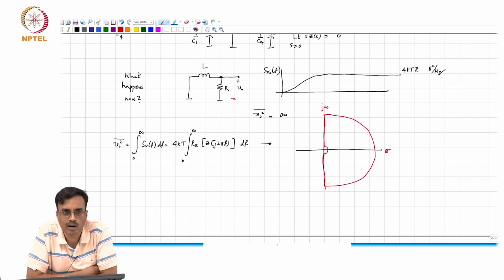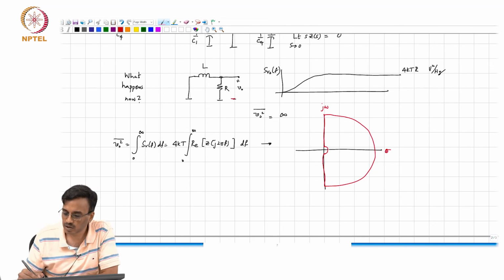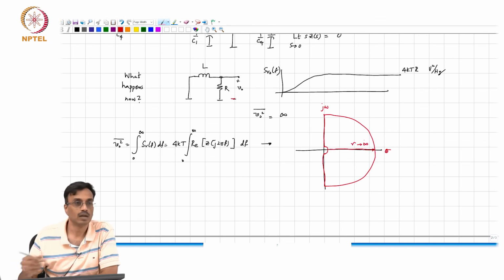So if you take Z of s, which is a complex function, and the contour does not enclose any poles or zeros, the integral around the contour must be 0, and you choose the radius of this contour as R, as R tends to infinity, correct.